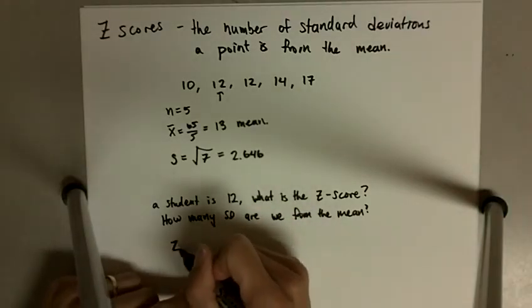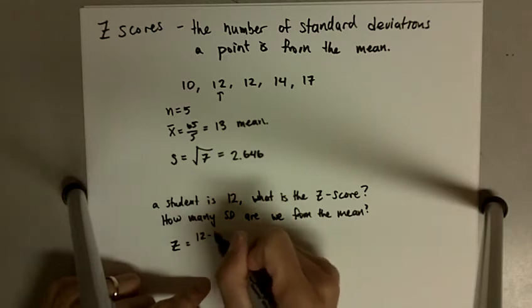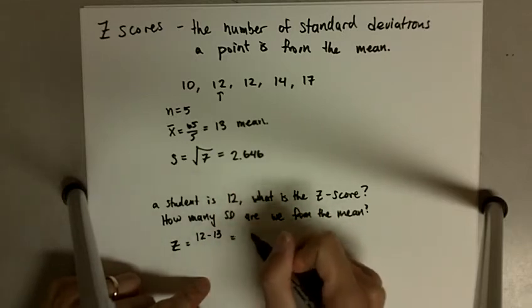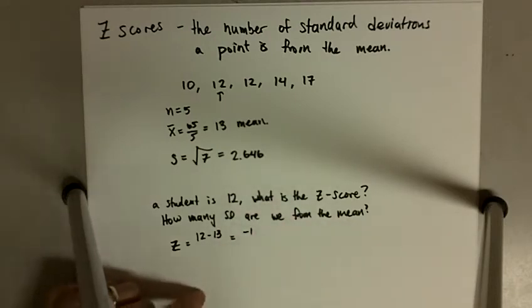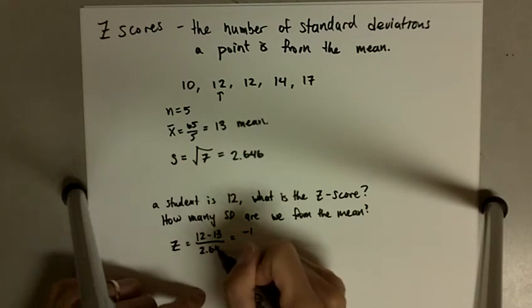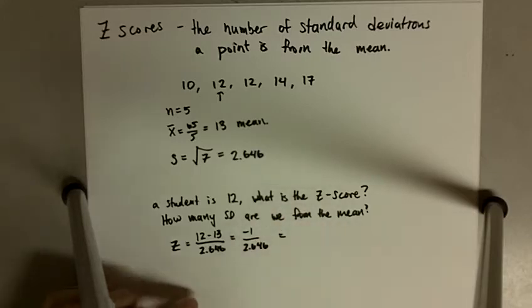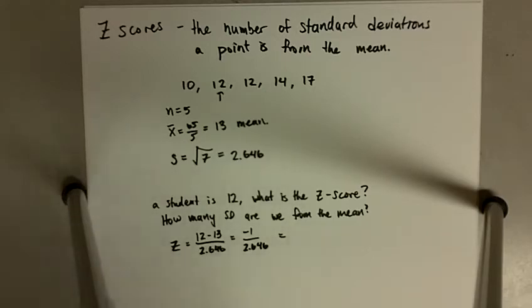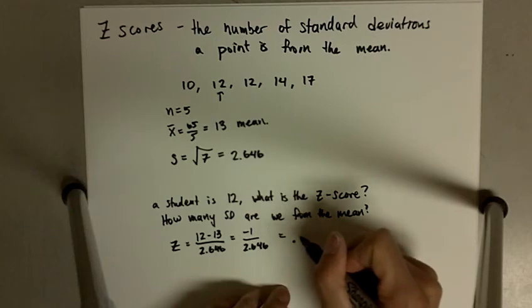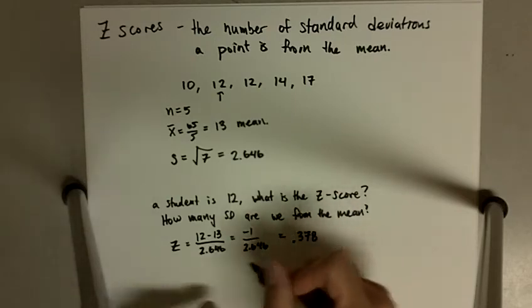So the z-score that we're going to get is basically 12 minus 13, which tells me that we are 1 year below the mean, but then we're going to divide this by how big each standard deviation is. So the kid who is 12 years old, he is 1 divided by 2.646. He is 0.378 standard deviations from the mean, okay?